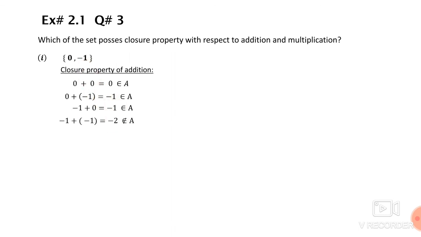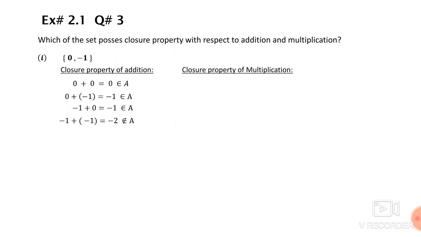Minus 1 plus minus 1 is equal to minus 2, which does not belong to the given set. It means the closure property of addition is not satisfied here, because all the answers must come from the given set. But here we can see that minus 2 is not a member of our given set, so the closure property with respect to addition is not satisfied.